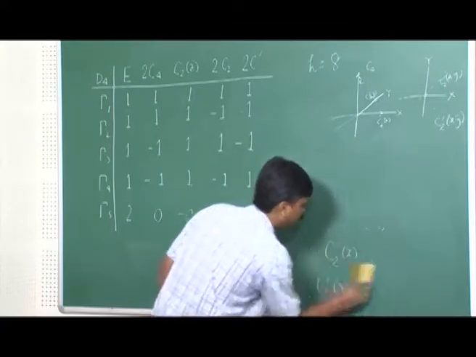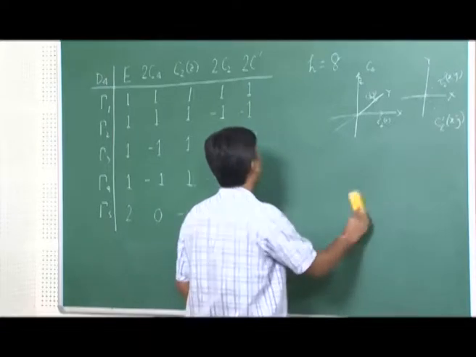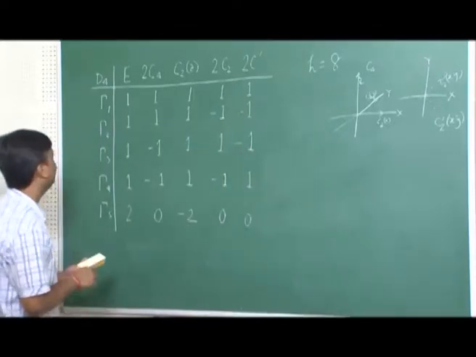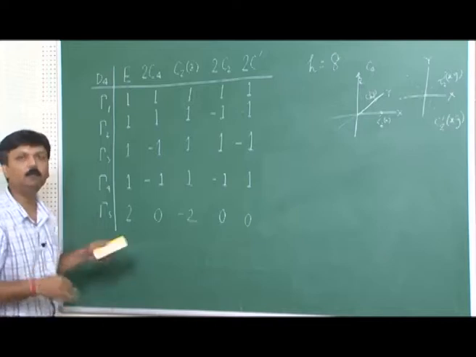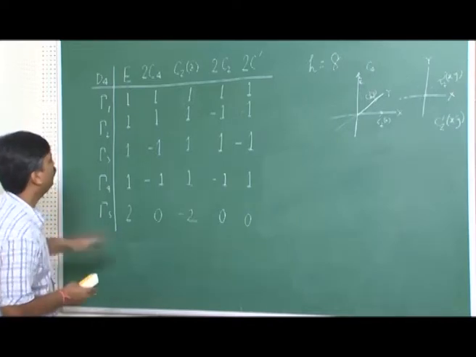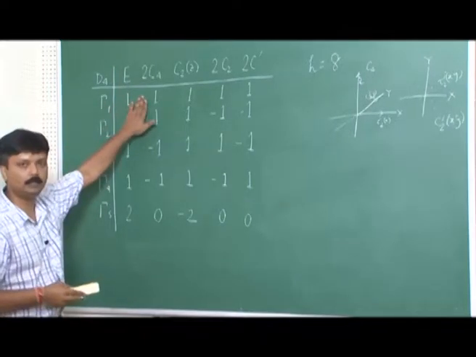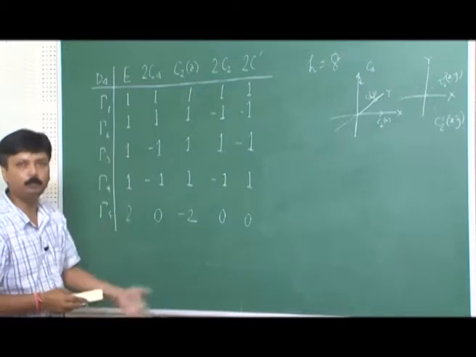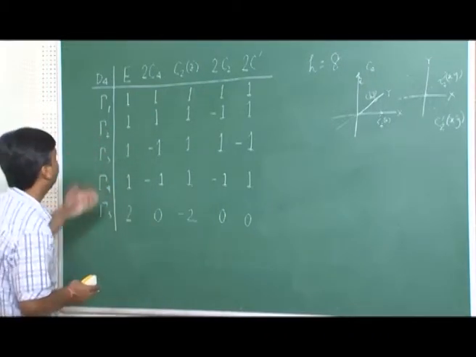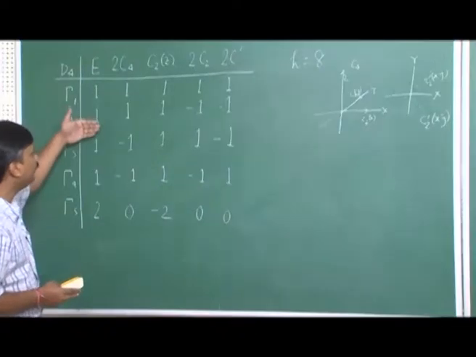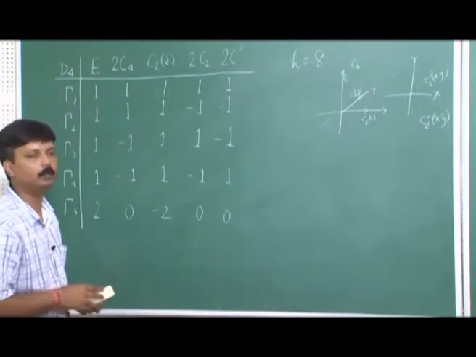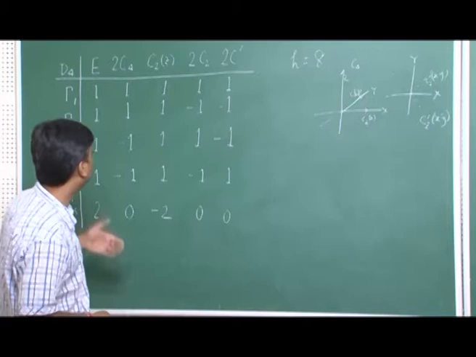Now at this point, let's complete the table. Here we are supposed to give them the Mulliken symbols. The totally symmetric irreducible representation will of course be A type. There are other A type representations there, and we can also see there are B types.